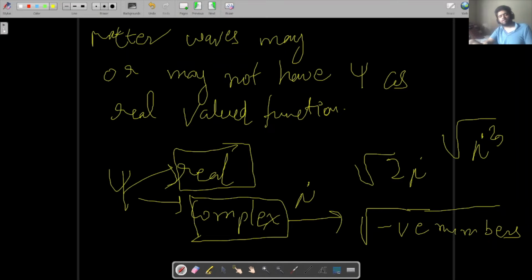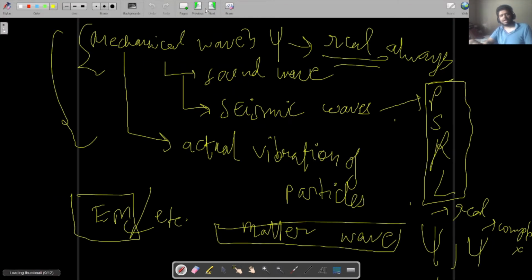So psi is complex just means that it will have iota in its expression. When we write the expression of it in terms of xyz space coordinates and time coordinates, there will be some iota term which is an imaginary number or complex number. Okay, so that is the meaning of psi being real or psi being complex.